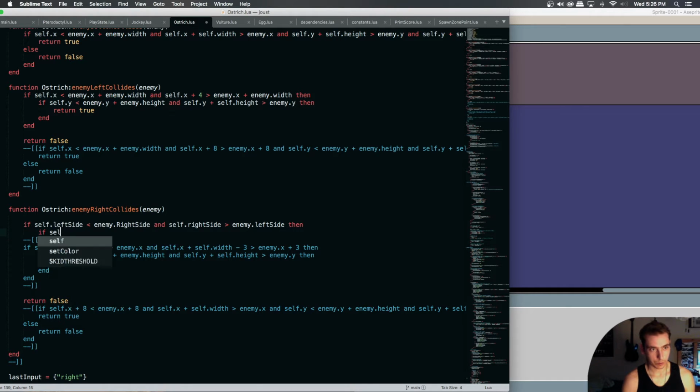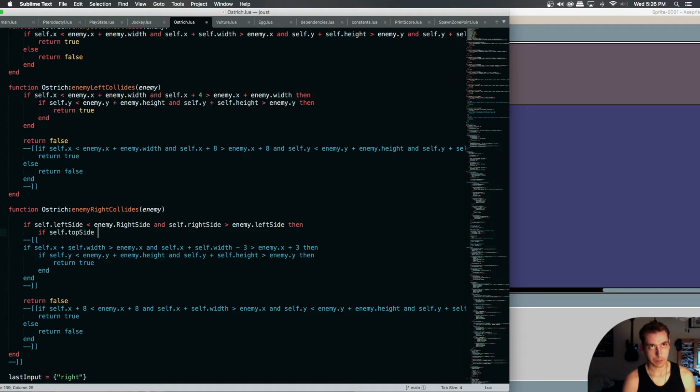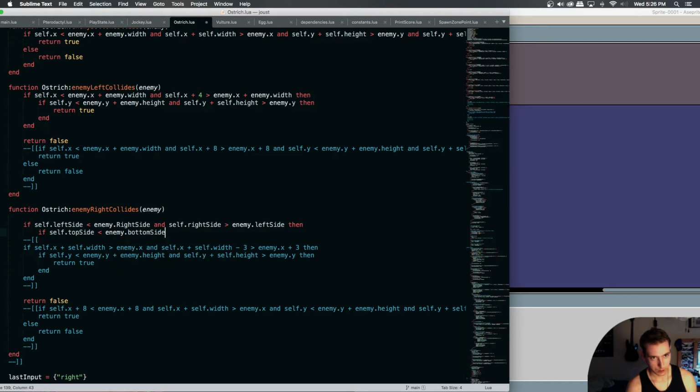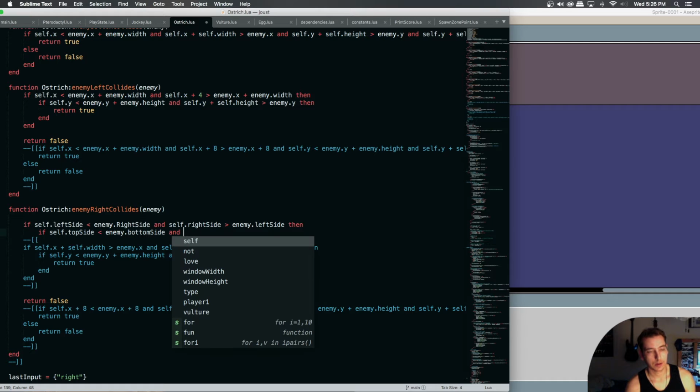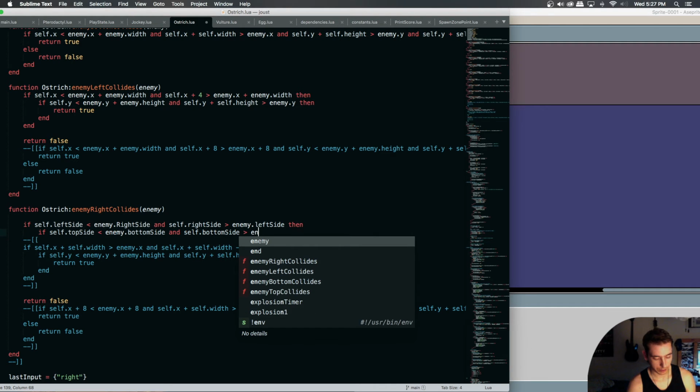And then our other one would be our top side would have to be smaller. And I always do smaller first just to keep the AABB easier. Our top side would have to be smaller than the bottom side of our enemy, and our bottom side would have to be greater than the top side of our enemy.